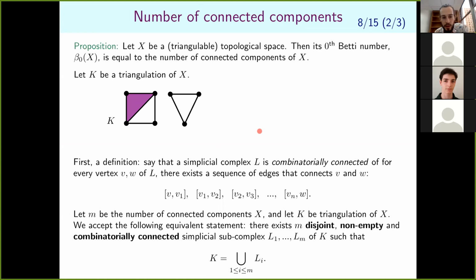Okay. And what I say here is that if I can find M simplicial subcomplexes that are disjoint, non-empty, and combinatorially connected, and such that they cover my whole simplicial complex, then my simplicial complex as a topological space has M connected components.